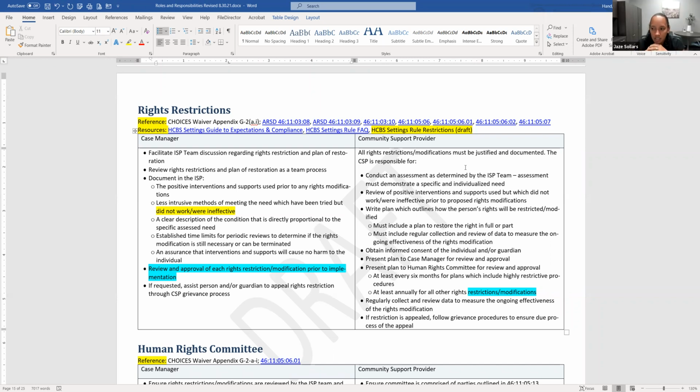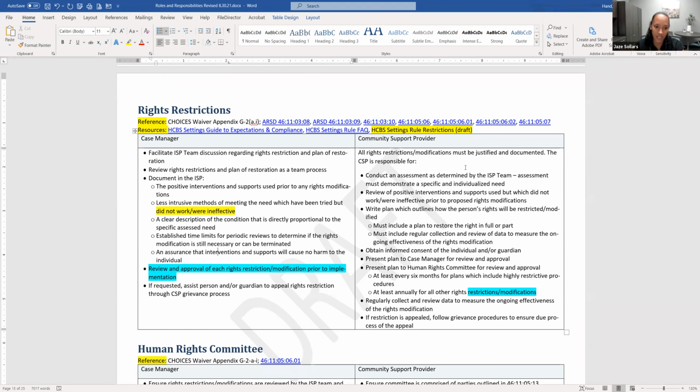So in this situation, the requirement is that an assessment is done to demonstrate a need for a restriction. The rights assessment is where the case manager reviews all of a person's rights and determines whether their rights are being restricted or not.